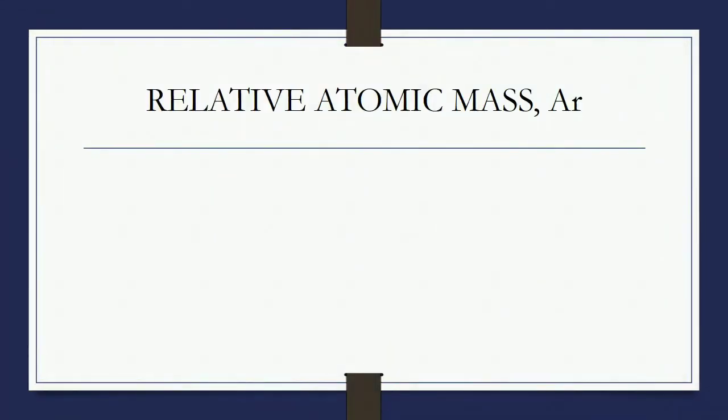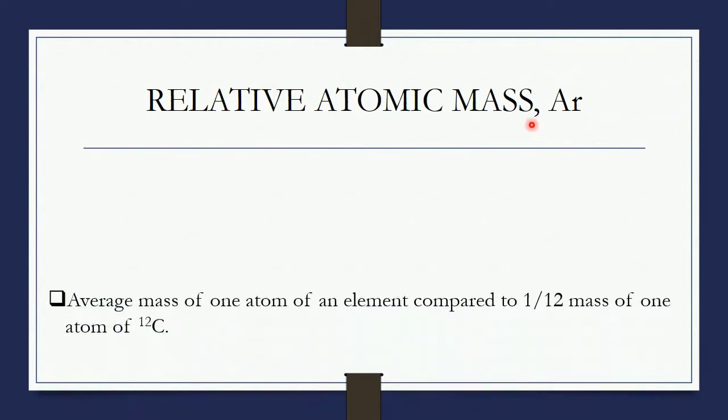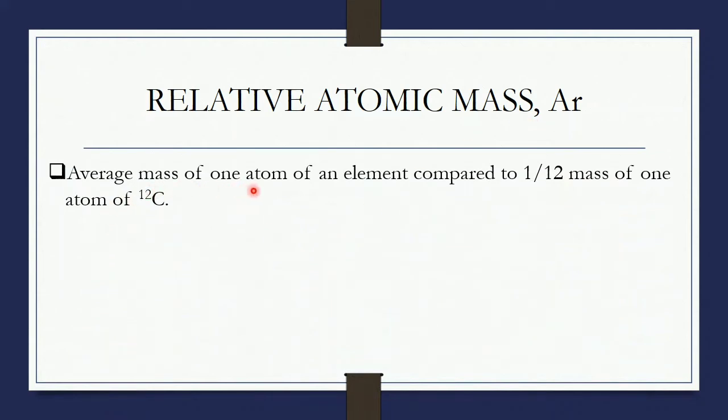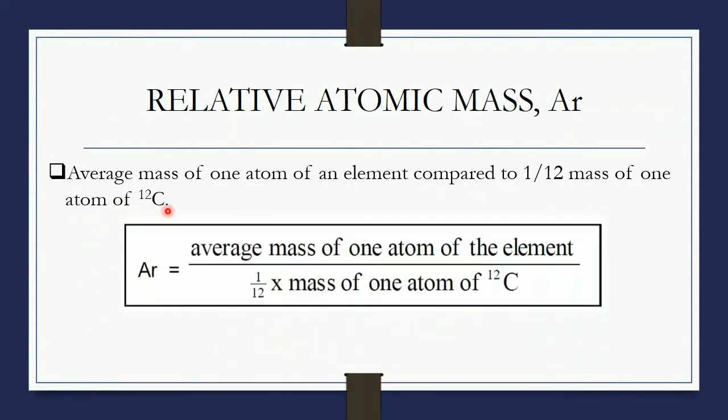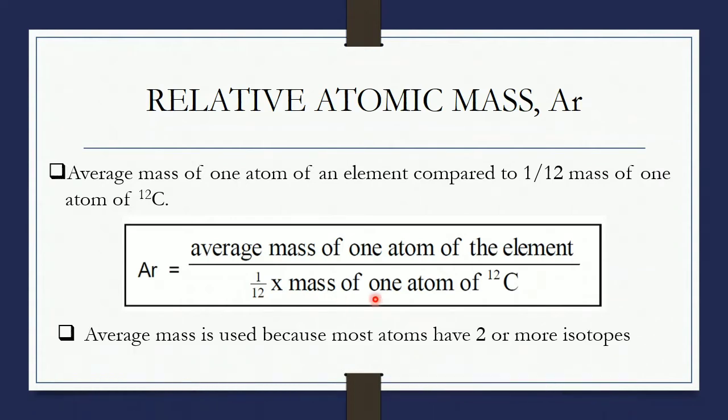Relative atomic mass, the symbol given is Ar. Relative atomic mass can be defined as the average mass of one atom of an element as compared to 1/12 the mass of one atom of carbon-12. So this is the formula given for how we can calculate the relative atomic mass: the average mass over 1/12 of the mass of one carbon-12 atom.